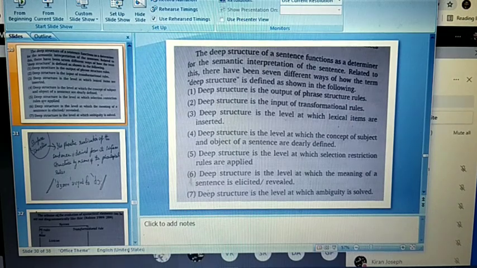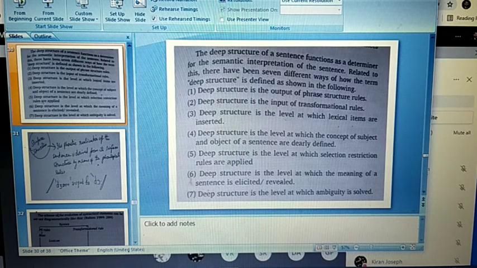Deep structure is the level at which lexical items are inserted. John plus open plus the door. Deep structure is the level at which the concept of subject and object of a sentence are clearly defined. John, subject, open the door, object, and in deep structure you get the very subject-object construction.